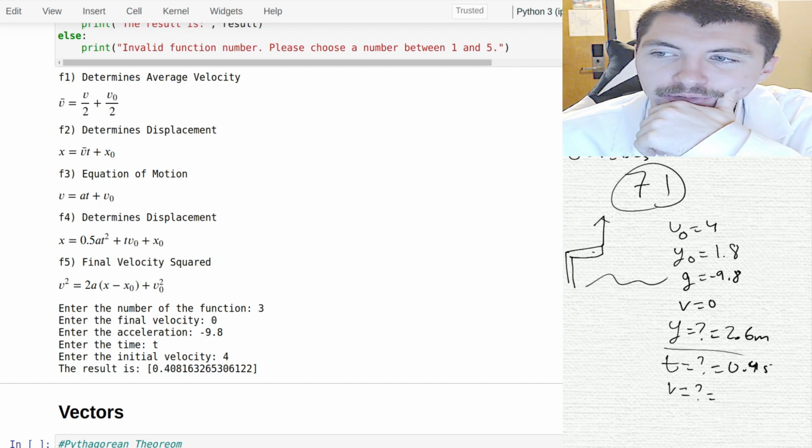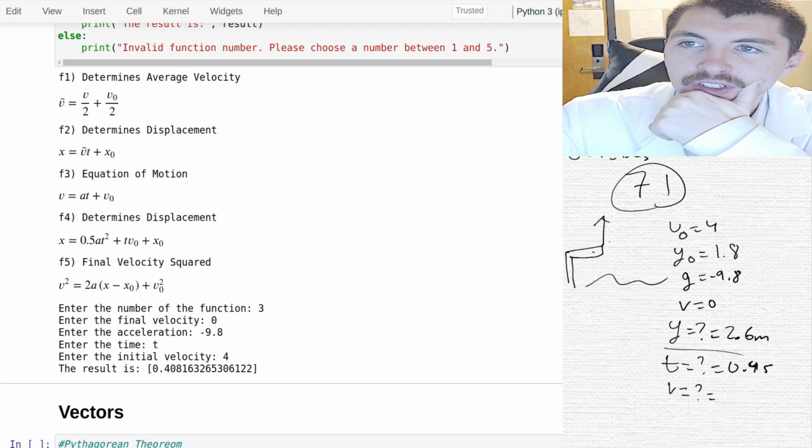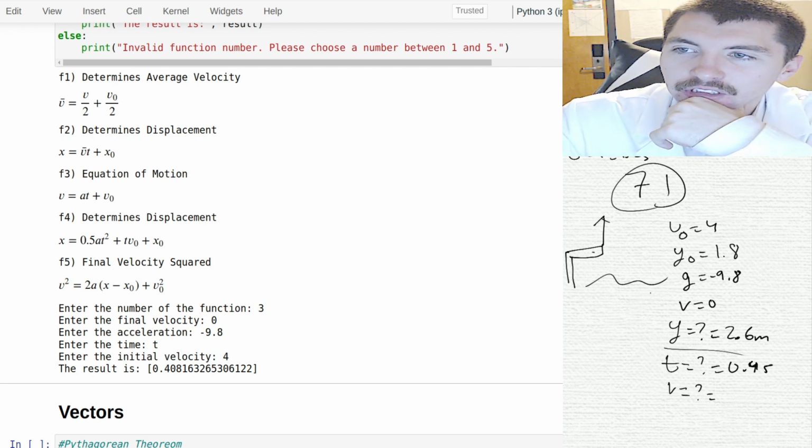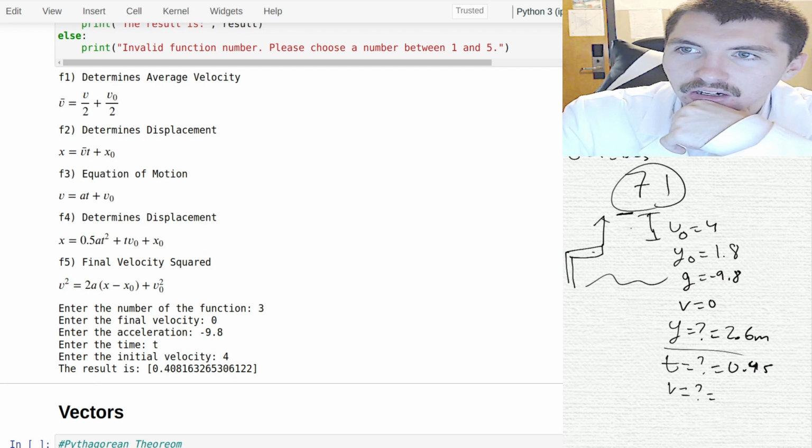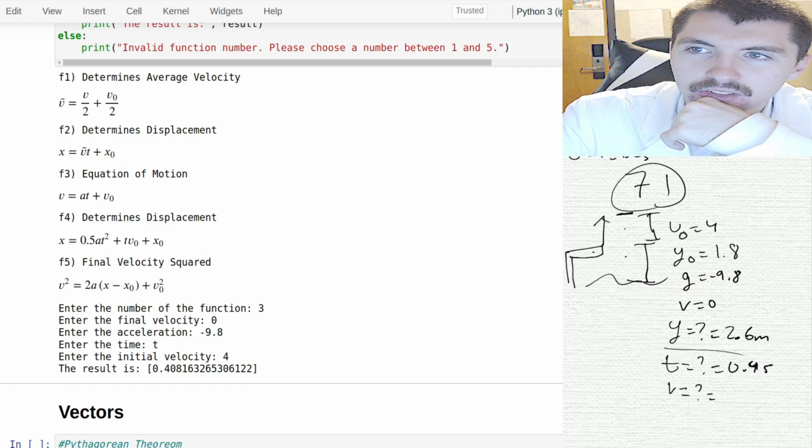I'm having doubts because if v could be, this is a peak, so it's saying calculating how long she's in the air, but we also need to find out how long this is, like the time.